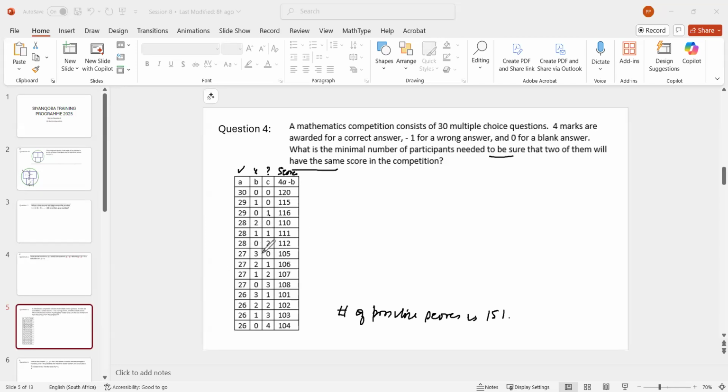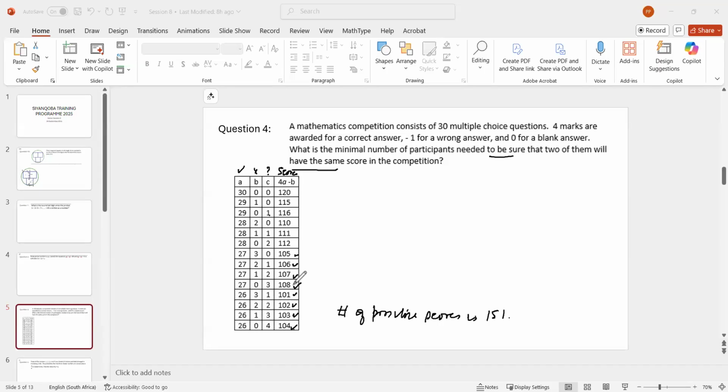All right. So like this, I calculated all the scores for 27, 26, and so on, and I noticed that at the bottom rung, I've got, for instance, 102, 103, 104, 105, 106, 107, 108, and 109 is missing. See? But down here, I've got every four numbers, one after the other, that I call attainable.